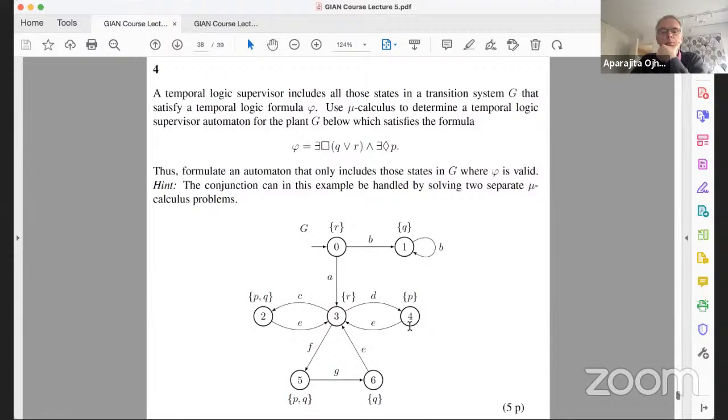Probably we need to skip 4, but here we have Q. So it looks like state 4 needs to be excluded, and state 1 is also problematic, because if you go to that state, you will not eventually get P. So by skipping states 1 and 4, we could expect that the rest fulfill this specification.